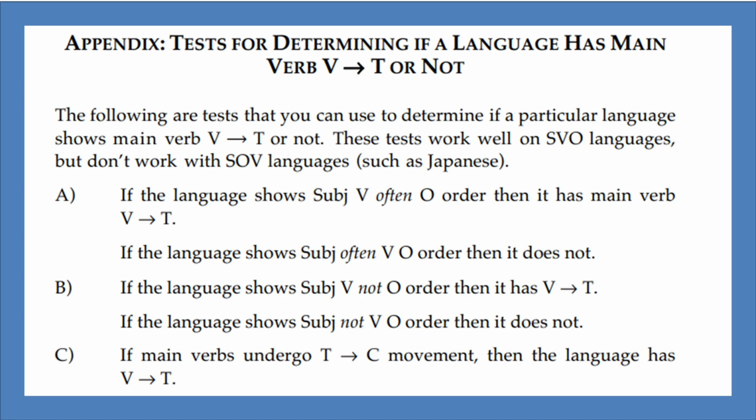If the language shows subject verb often object or other adverbs, it has main verb to T. If the language shows subject often verb object or other adverbs, it does not. If the language shows subject verb not object or other negation, then it has V to T. If the language shows subject not verb object, it does not. If main verb subjects undergo T to C movement, then the language has V to T.